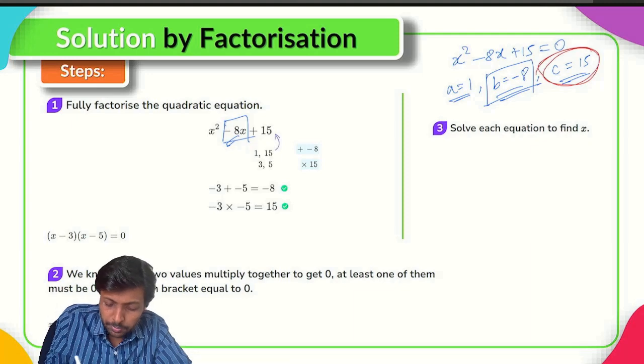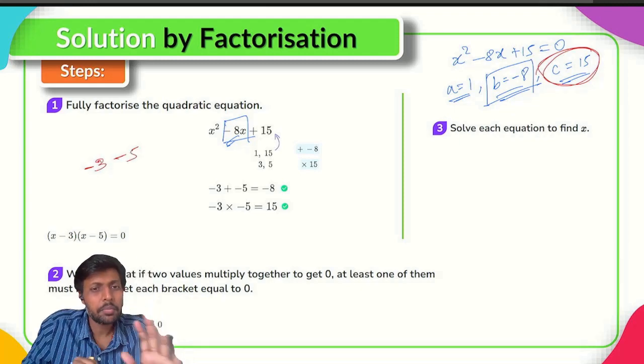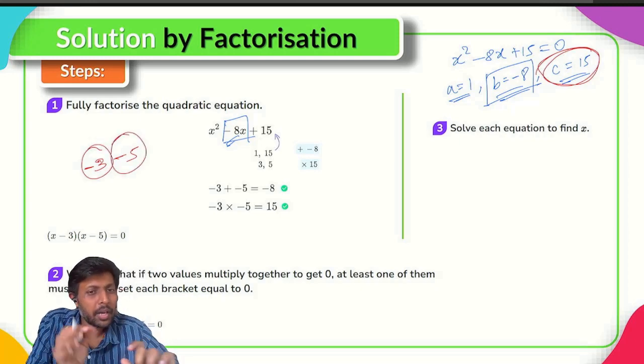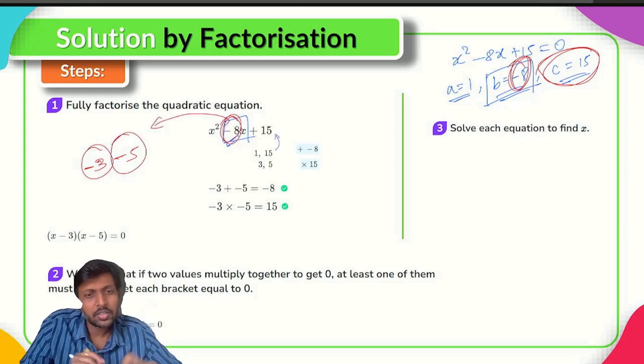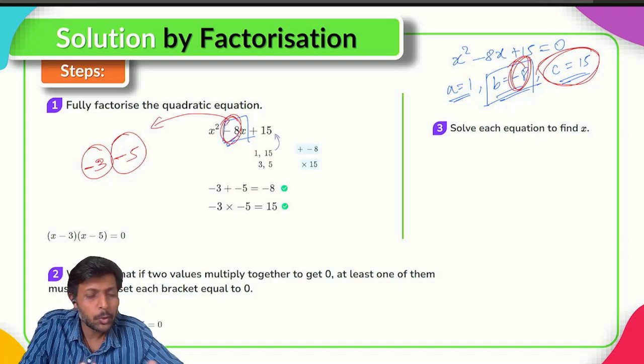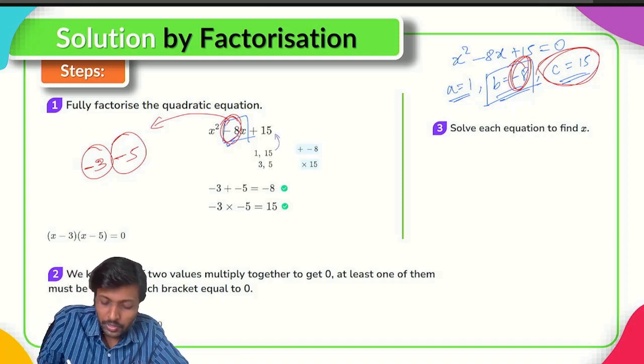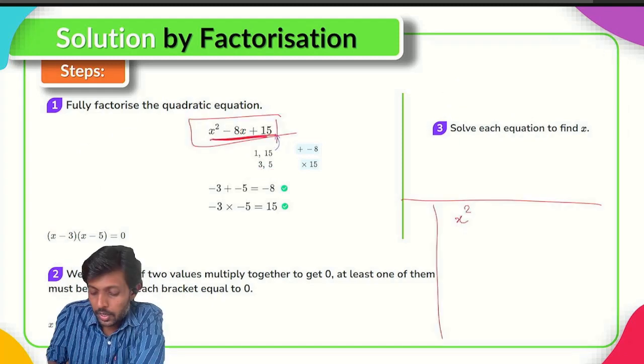So if I split minus 8 as minus 3 and minus 5, if you add these two, we get minus 8, right? And if we multiply these two, we get plus 15. That's what we wanted.